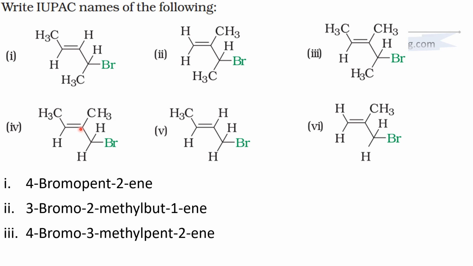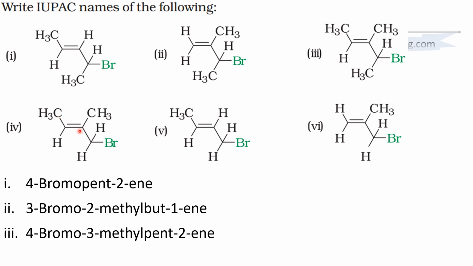So in which direction should I go? I should go from here, because if the double bond is the same from both ends, then I will prefer the next branches. So that bromine, which is the next, and methyl must get the lowest number. They will get the lowest number if I start from here. Clear? So this is 1, 2, 3, 4.